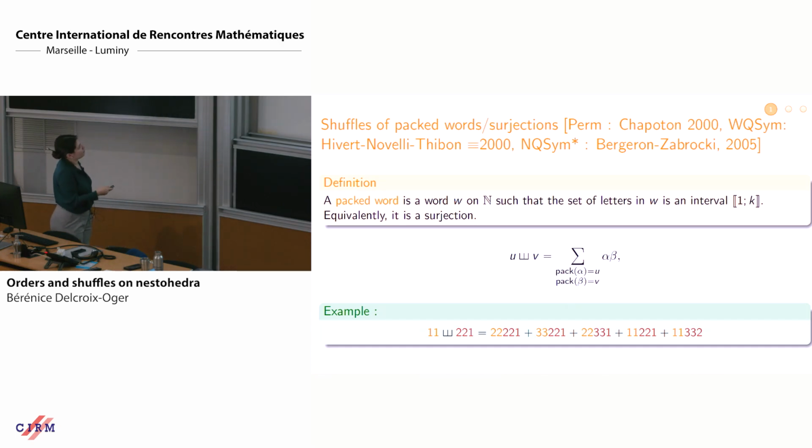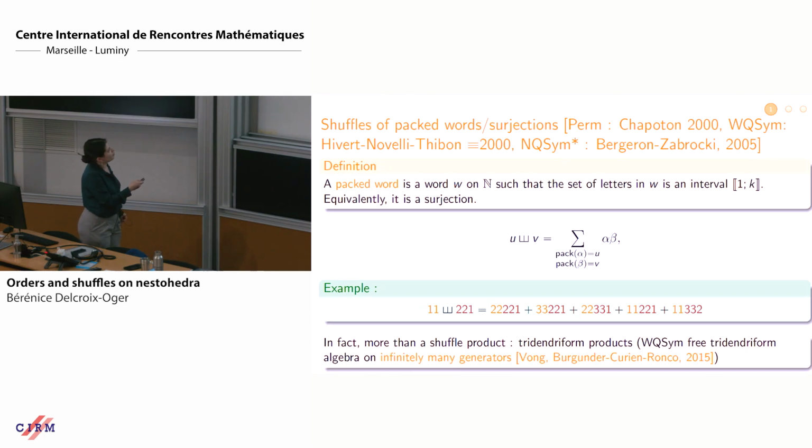So we have a shuffle on the faces of the permutohedron. In fact, we have more than a shuffle product. We have tridendriform products. I will explain a bit what tridendriforms are later on.